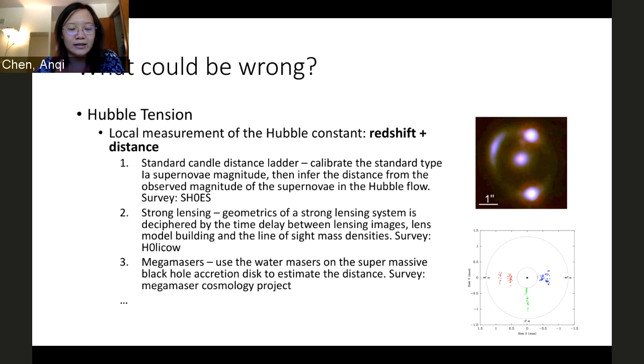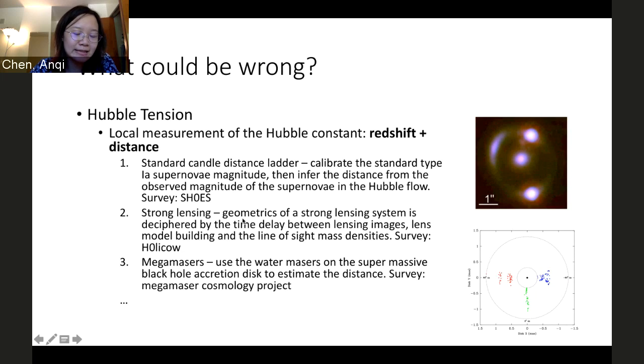Like I said before, we have type 1a supernovae, which we assume are standard candles, and we can calibrate this standard candle in our vicinity through parallax and Cepheids. Then we invert the distance from the observed magnitude, the observed flux from a distant supernova, into the Hubble flow.